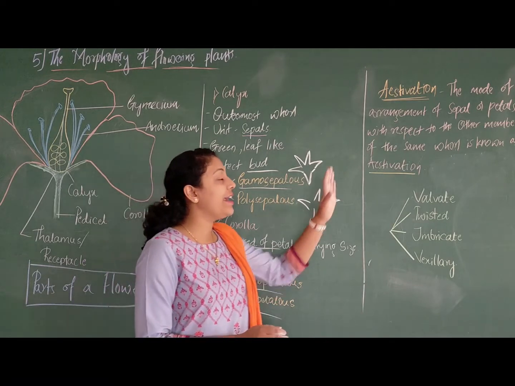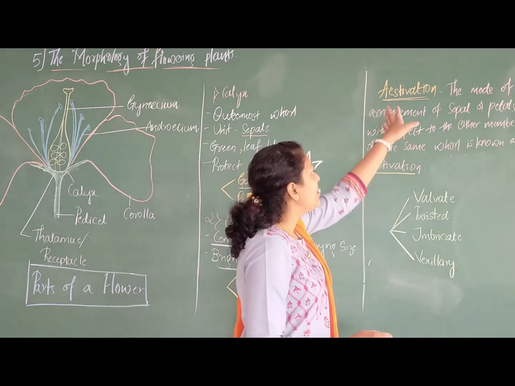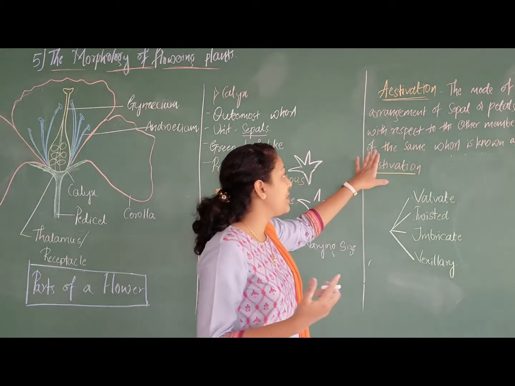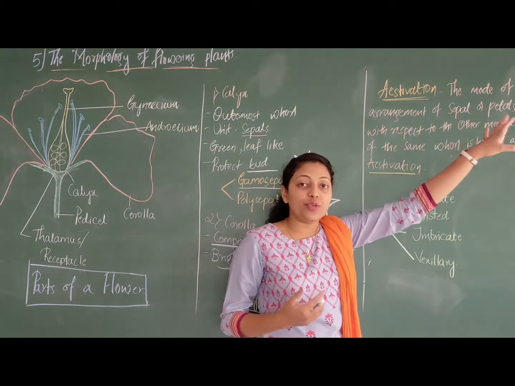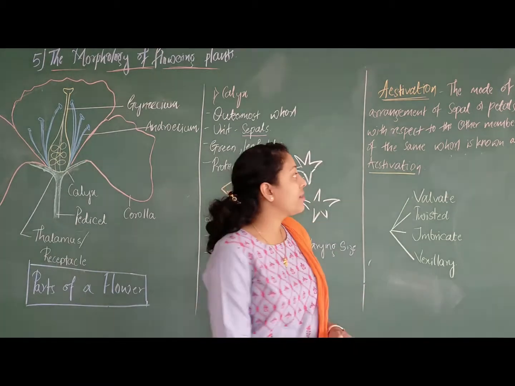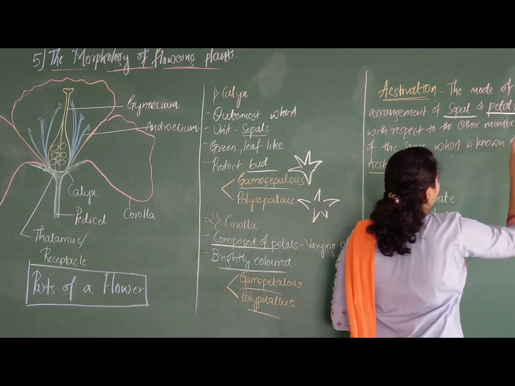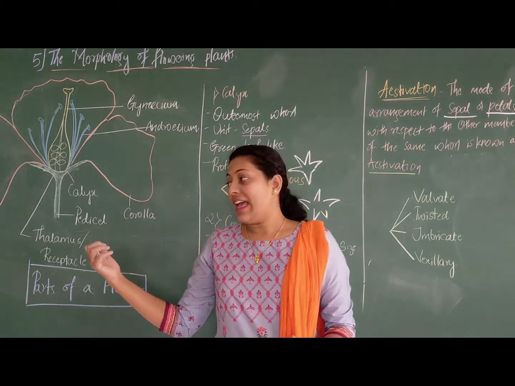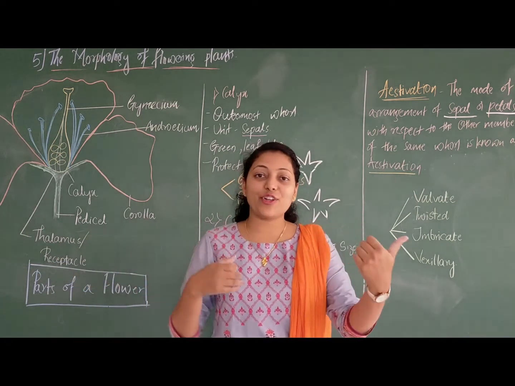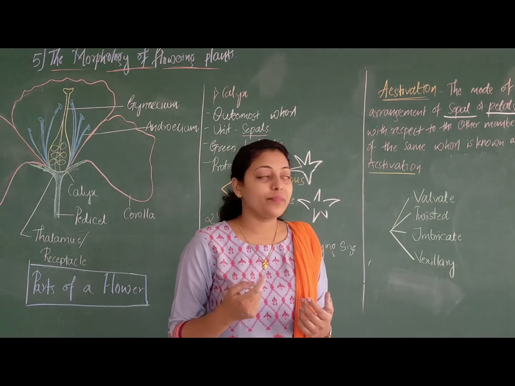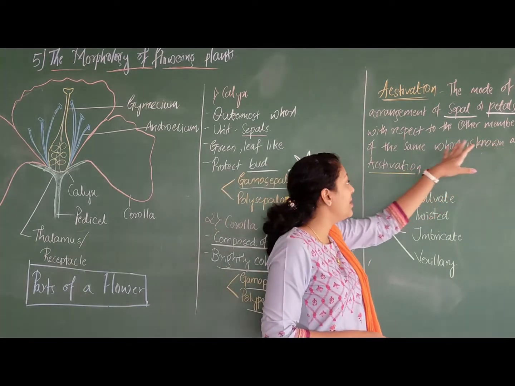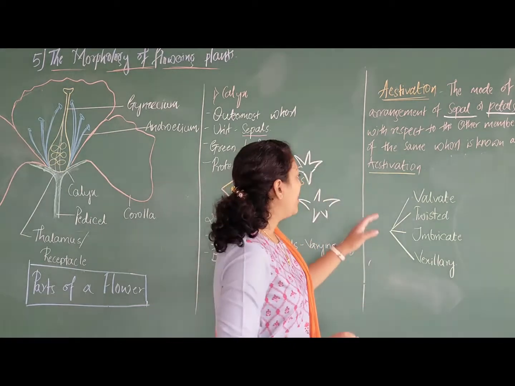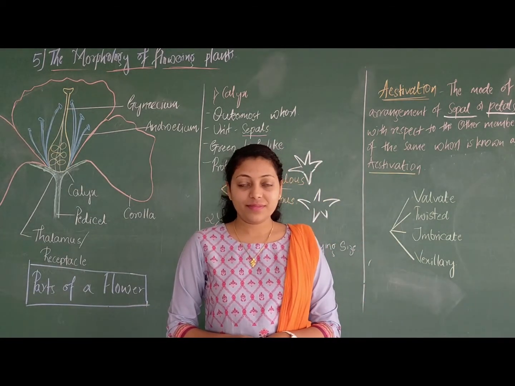Now, aestivation is the mode of arrangement of sepals or petals with respect to other members, and we can say the essential parts, that is androecium and gynoecium, of the same whorl is called aestivation.